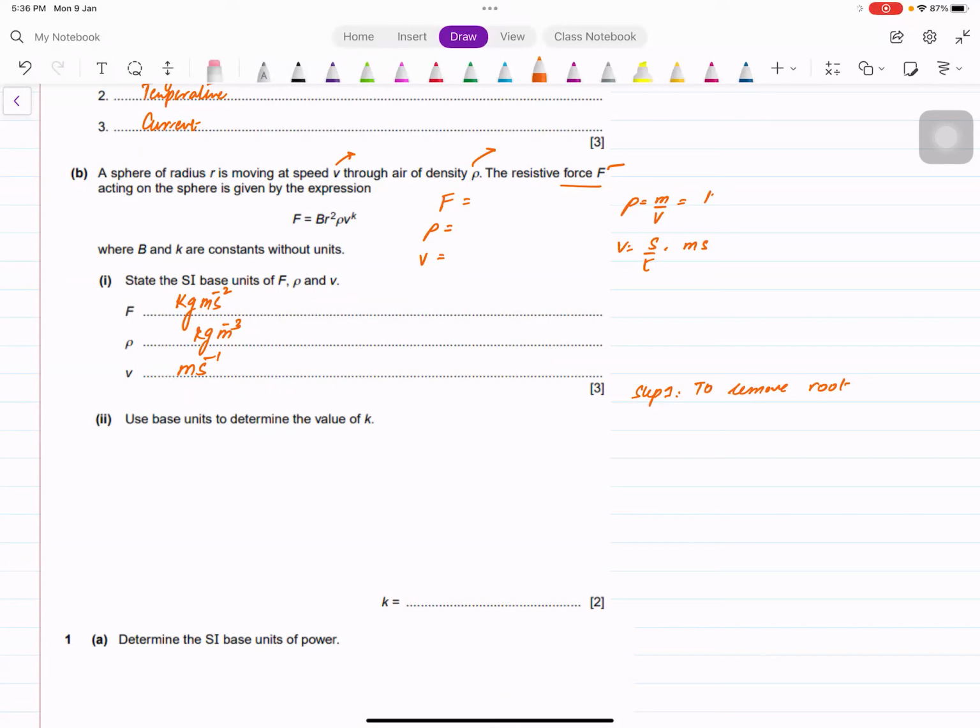Now, what you're going to do next is always make the variable required your subject. So that's the second tip. And obviously then you have to get the answer right. All right.